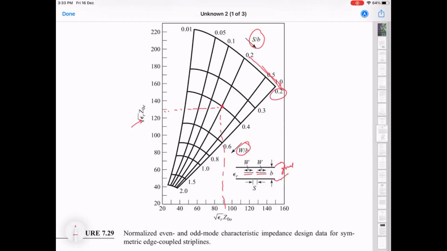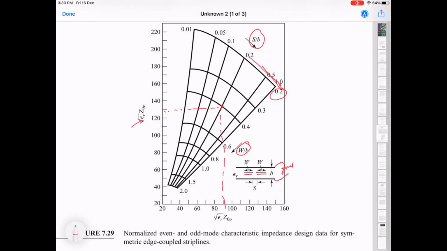And what he's saying is that as you come from 0.2 to 1, that's increasing separation, the odd mode, I keep getting the Z naught E is like really confusing me. The even mode impedance also. It's like, so the height is also. Really?